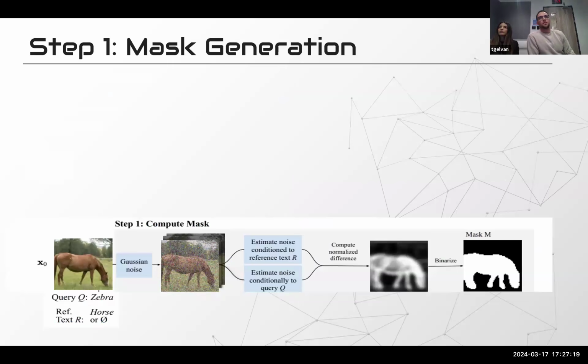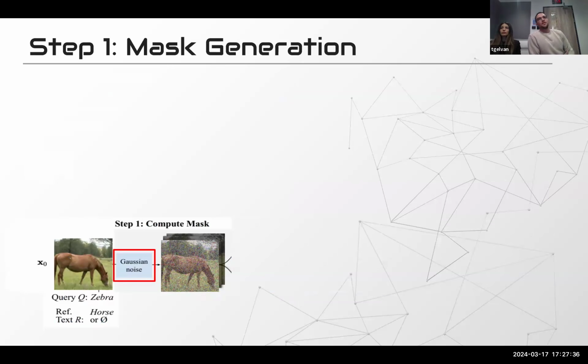So let's start with step 1. This is step 1 in a high level overview. You can see on the left a horse, and at the end we will have a mask M. Now I'll go through all the steps in between. So we start with an image of a horse, and then we inject Gaussian noise.